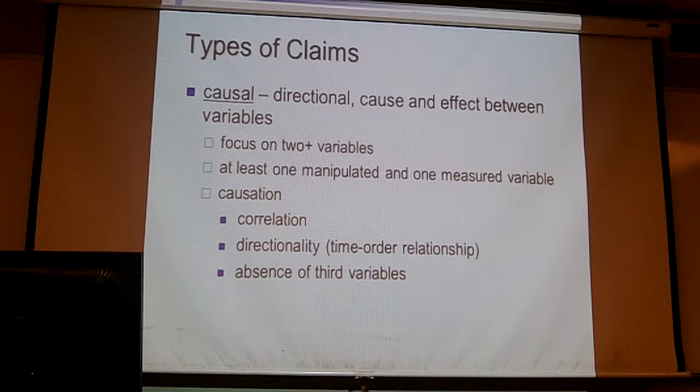If you have a third variable that's extraneous, it could be threatening, it could be not threatening to your causal claim. If I'm doing a study with bulldogs and I'm asking them to eat different types of dog food, and I have the dogs come in over the course of a day. So some dogs are coming in to eat in the morning, some are coming in the middle of the day, some are coming in the evening.